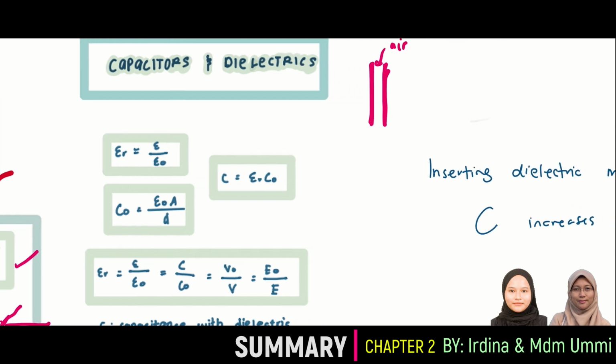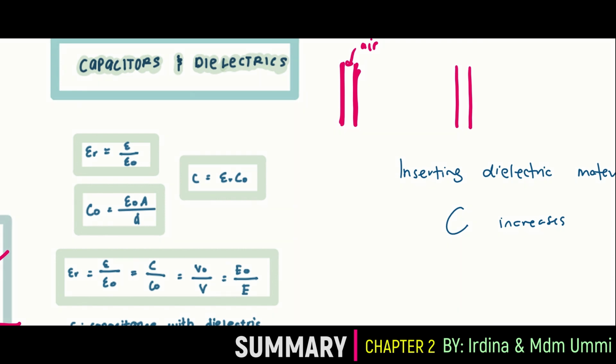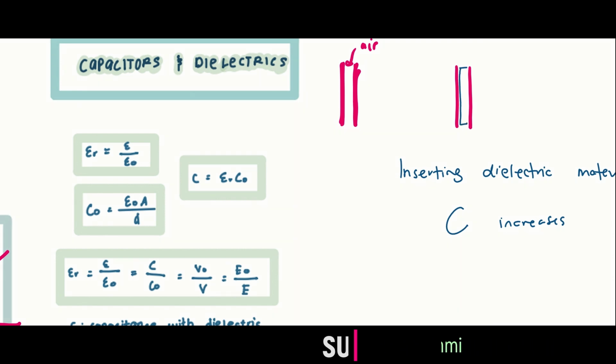But if you insert dielectric material, it is going to increase your capacitance. Capacitance without dielectric is normally symbolized as C naught, and capacitance with dielectric as C. So why is it increasing?